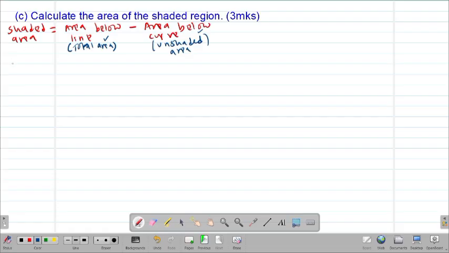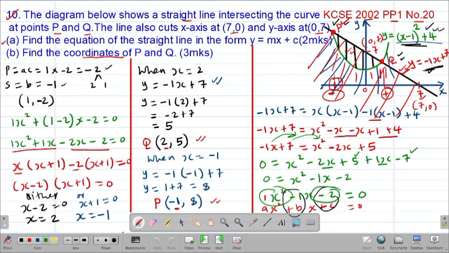So the shaded area will be represented by the equation of the line. The equation of the line was y equals negative 1x plus 7.